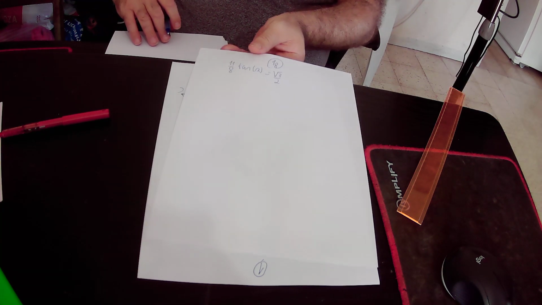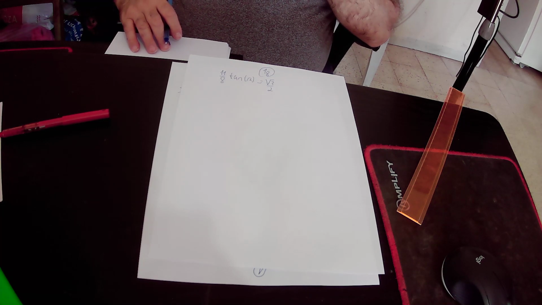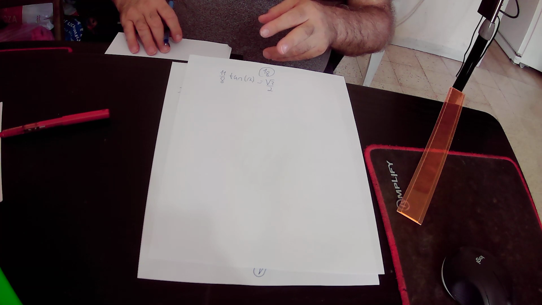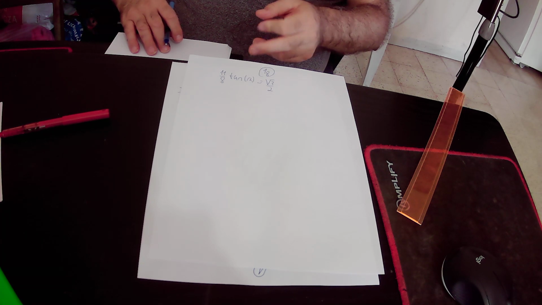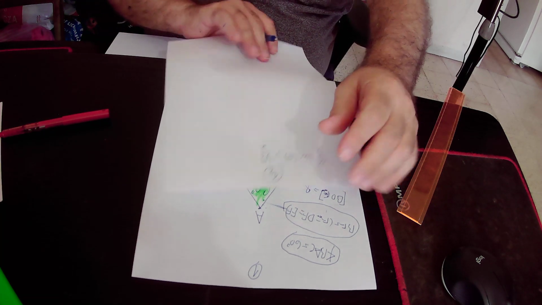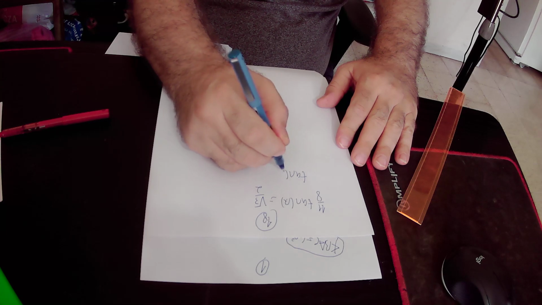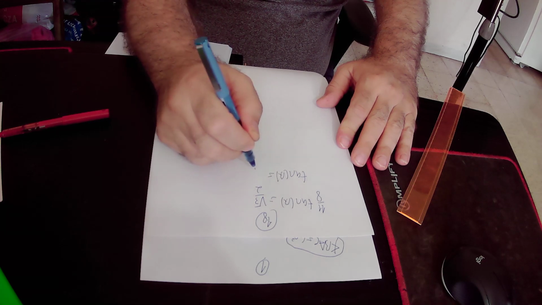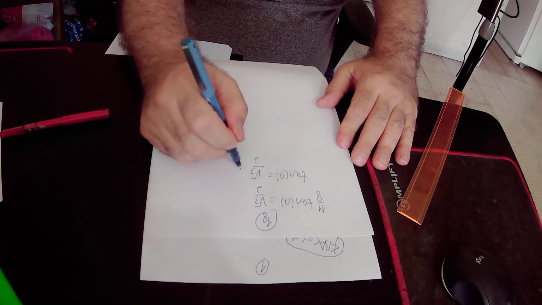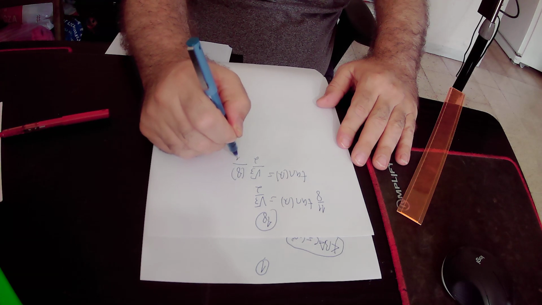Okay, 11 over 8 times tangent q equals root 3 over 2. Here we will multiply this equality by 8, and then divide it by 11 in order to get the value of tangent q. We will get that tangent q equals root 3 over 2 times 8 over 11.